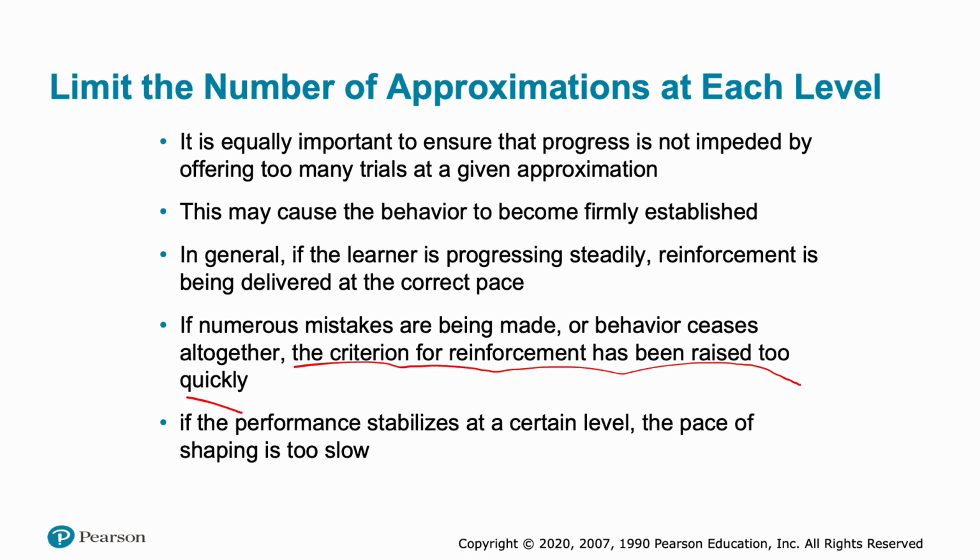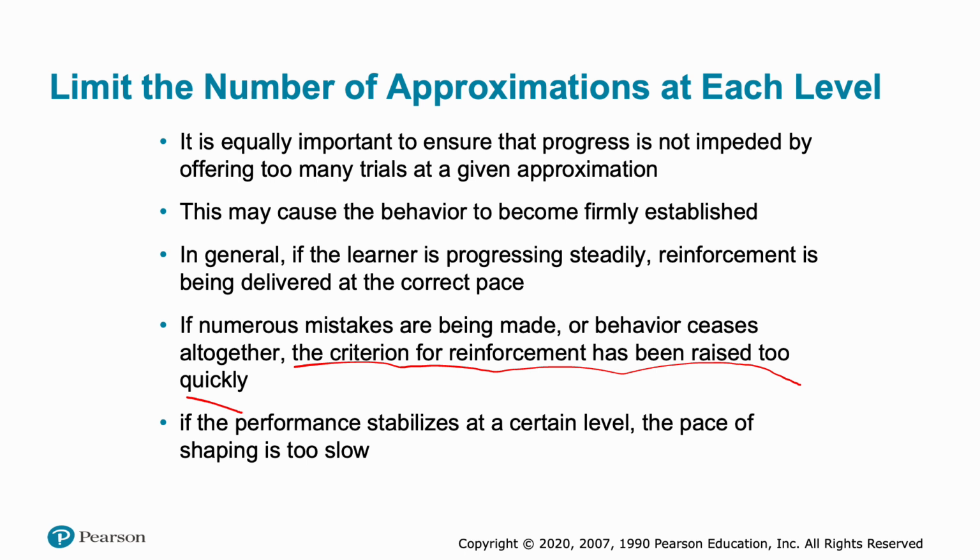The criterion that you set was too difficult, meaning that you probably should have chosen a smaller successive approximation, and then that learner probably would have been able to access reinforcement, and then you could have continued up the ladder. But because the criterion was too strict or too high, the learner wasn't able to access reinforcement and they stopped responding altogether.